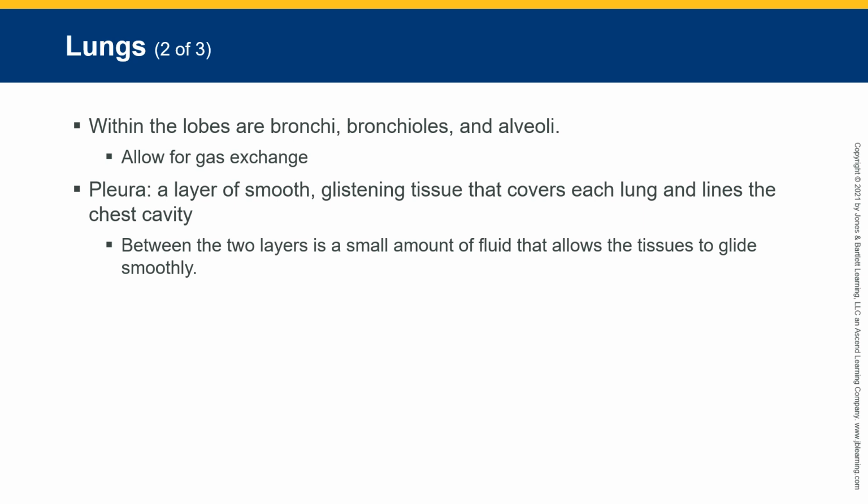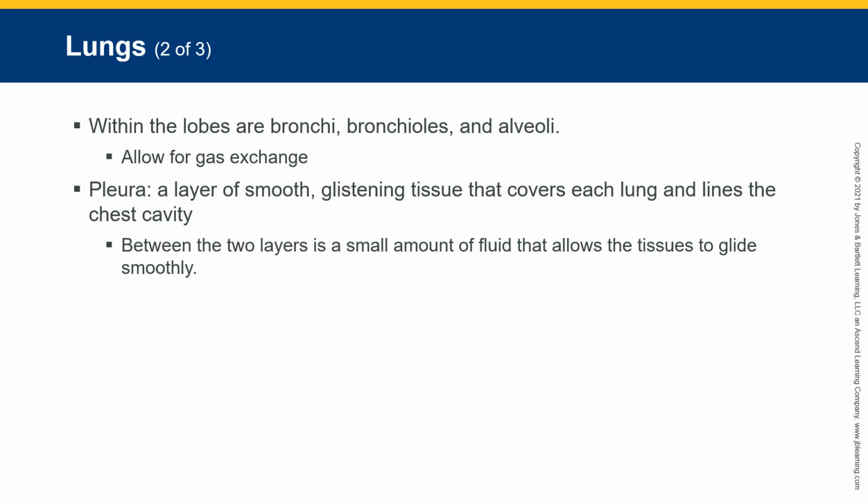In the lobes are bronchioles and alveoli, which is where your gas exchange happens. The pleura is a layer of smooth, glistening tissue that covers each lung and lines the chest cavity. So it protects your lungs. It allows your lungs to expand and contract.